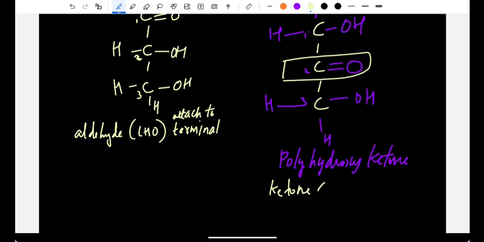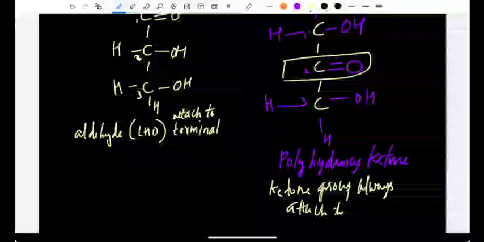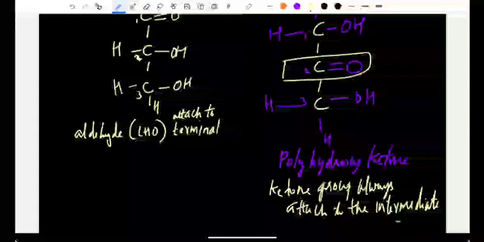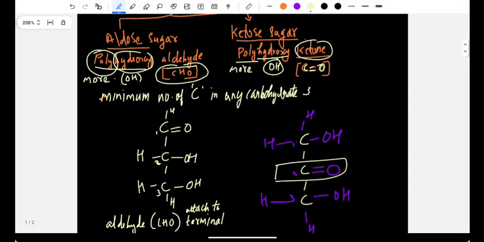The ketone group is always attached to the intermediate carbon. So that is polyhydroxy ketone.